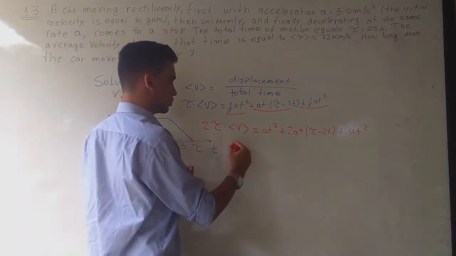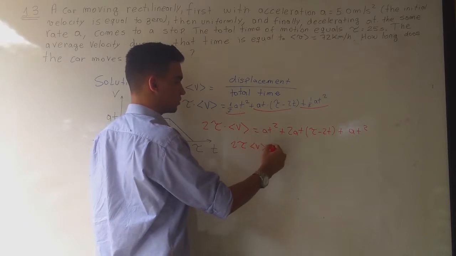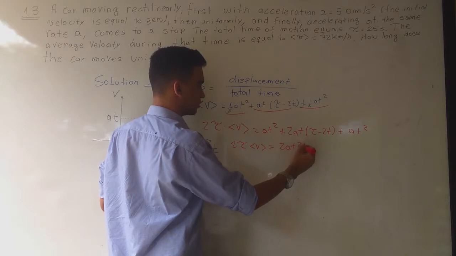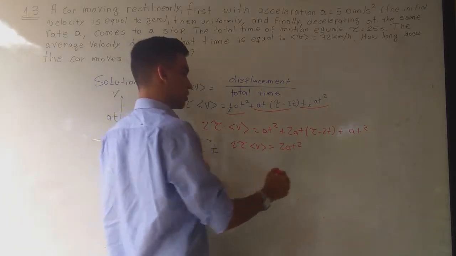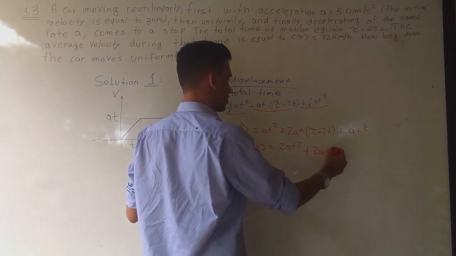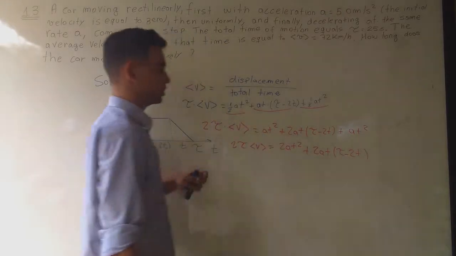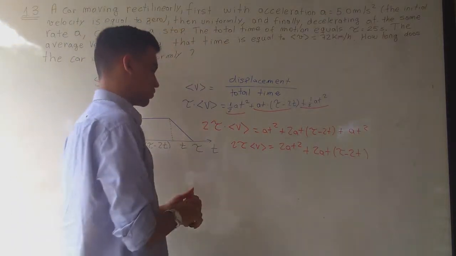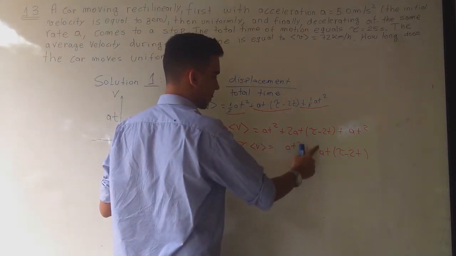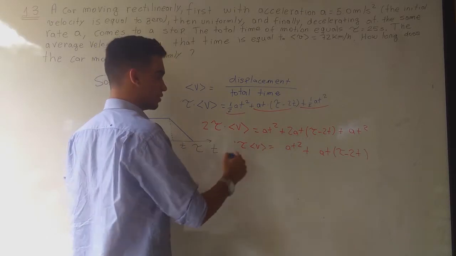So 2 tau average velocity is equal to 2at squared plus 2at times tau minus 2t. We can cancel the 2 that we multiplied, and now we can put at in common.